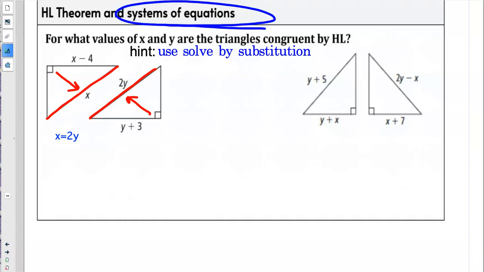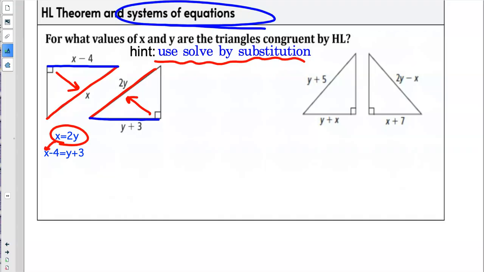Now, I have corresponding legs. Well, these two legs have to be the same in order for this to work. So now I have a system of equations. I have two equations to solve for two unknowns. So I'm going to use, like they hinted, substitution, and I'm going to substitute 2y where I see x.